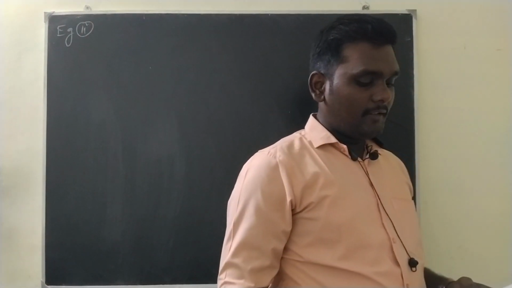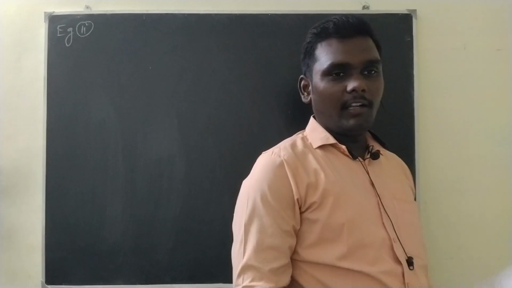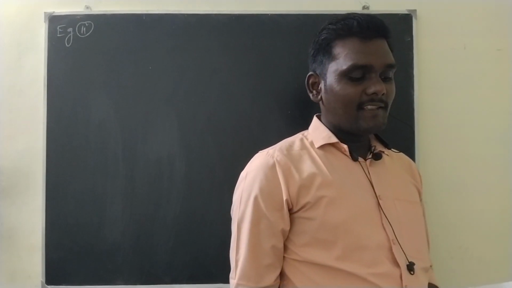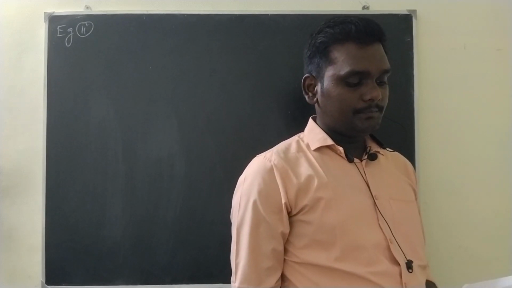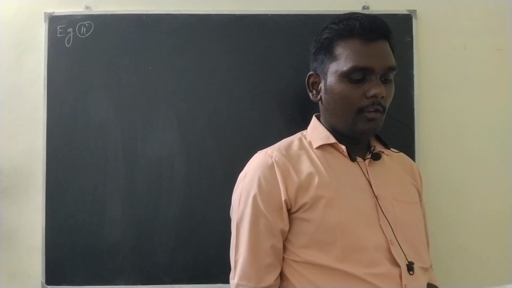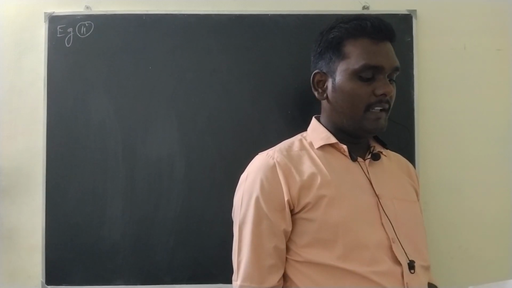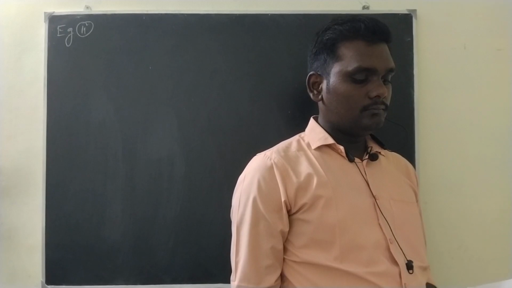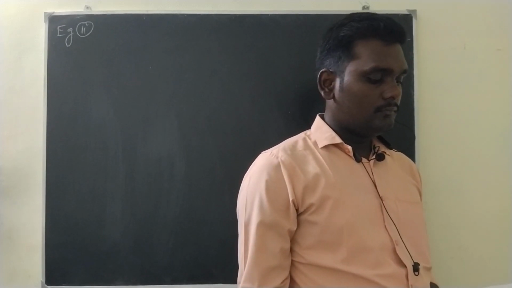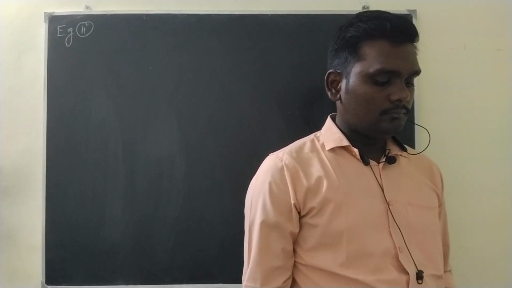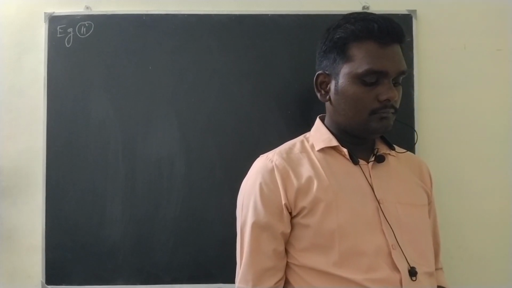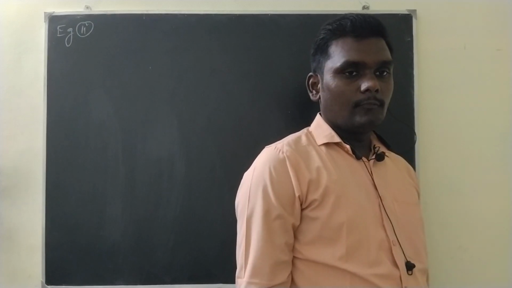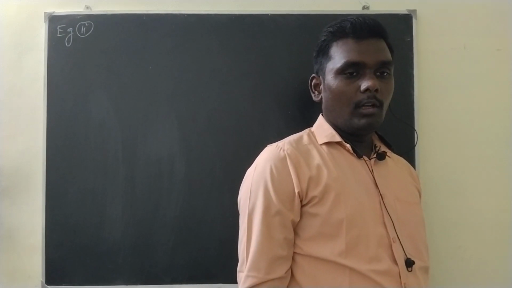Sudhanshu divides circular disc of radius 7 cm into equal parts. What is the perimeter of each semicircular shaped disc? Use pi is equal to 22/7. Okay. What do we do?